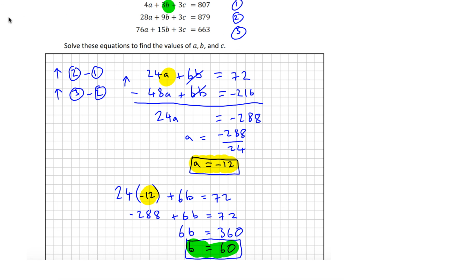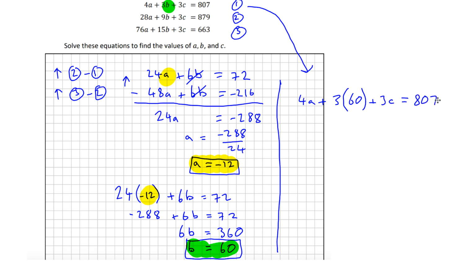So equation 1 now becomes 4a plus 3, instead of b now I'm going to put in the 60. You can do it with any of the equations. Plus 3c equals 807.